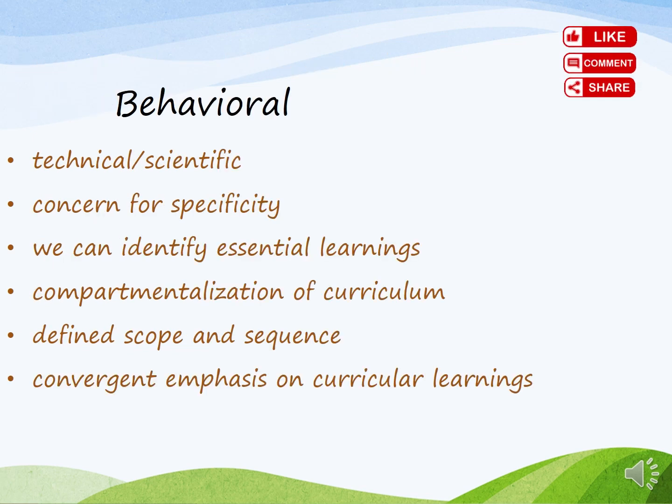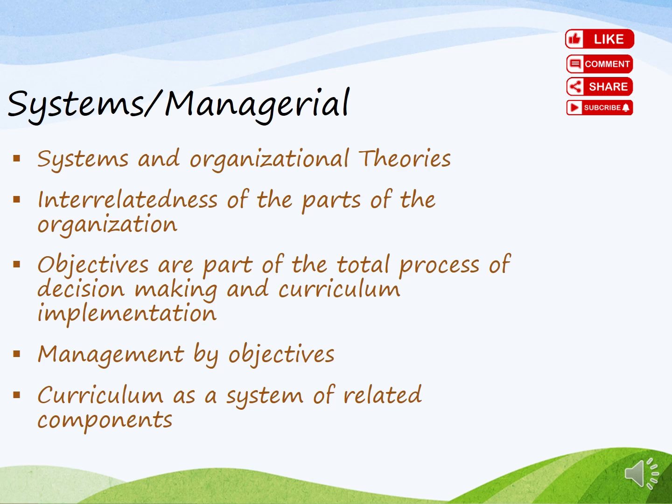Now, the first one is behavioral. It should include the technical as well as the scientific concern for specified objectives. We can identify essential learning and define the scope and sequences. Convergent, emphasizing curricular learning.